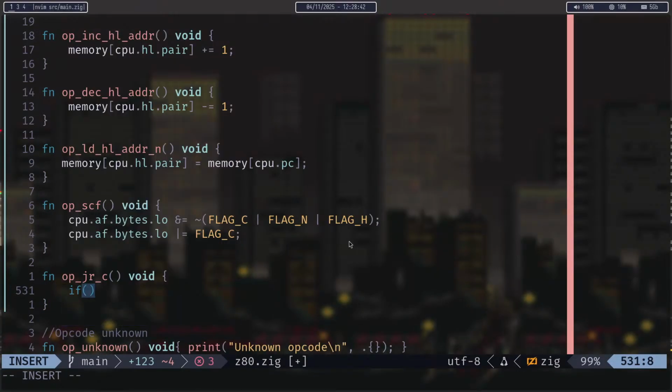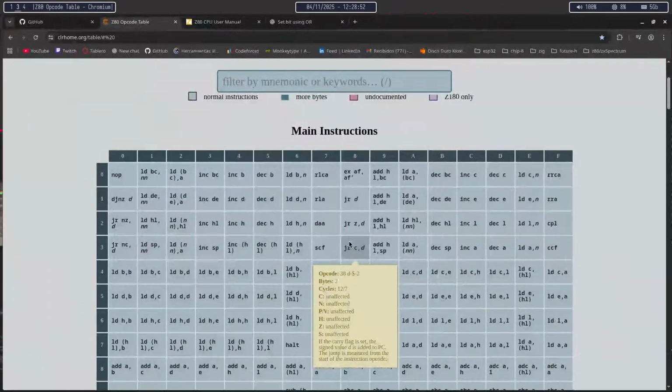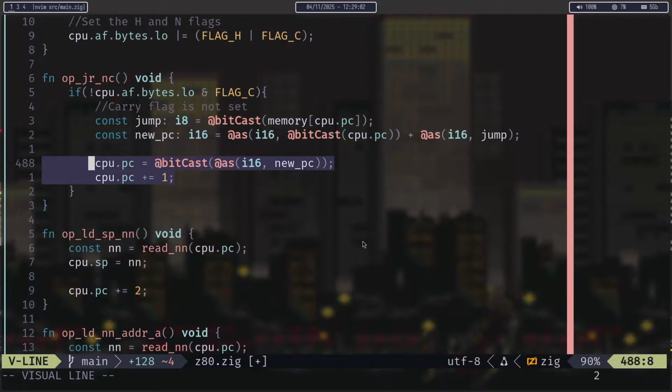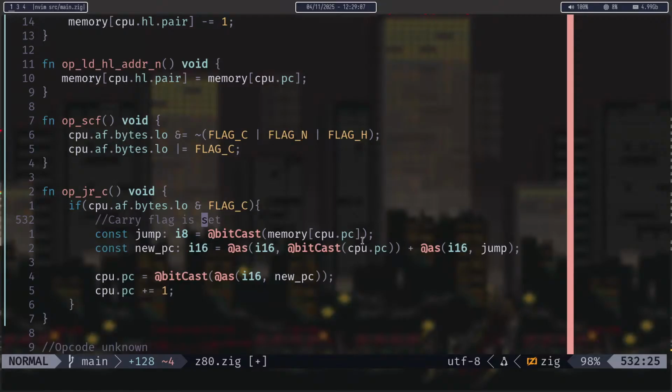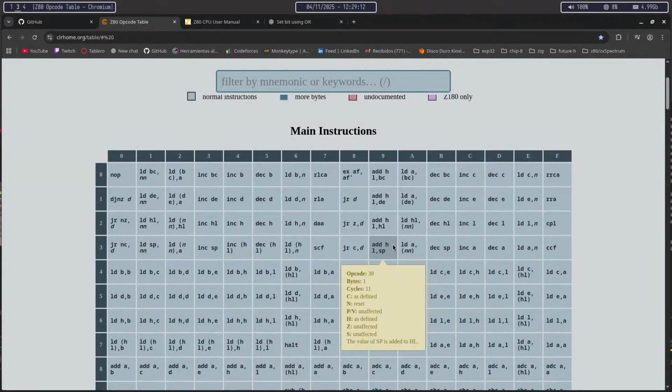So if cpu.af.bytes.low and flag C, then I have to jump, so let me just grab all of this stuff here. Boom, put it in here. Carry flag is set. Okay. Alright, it's all good.